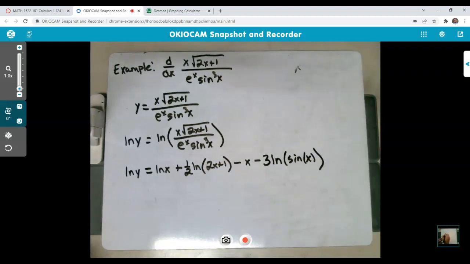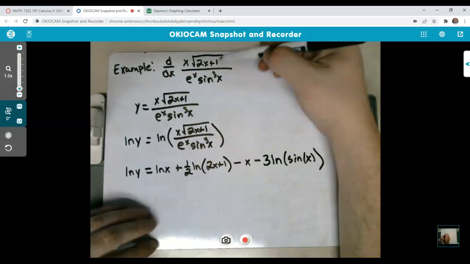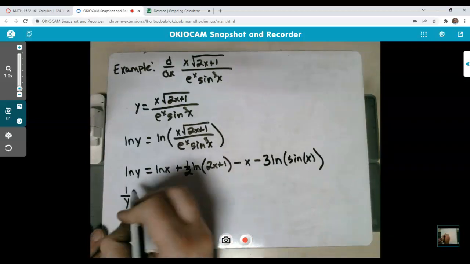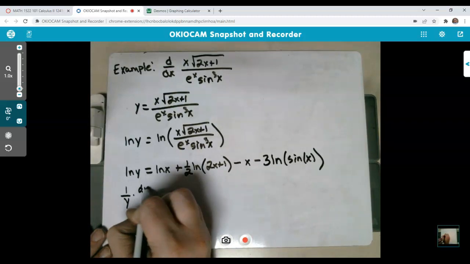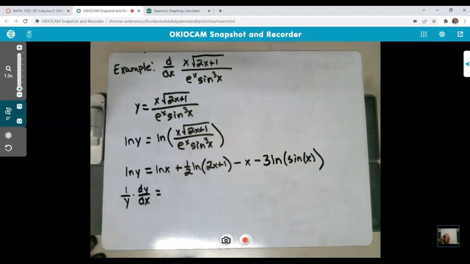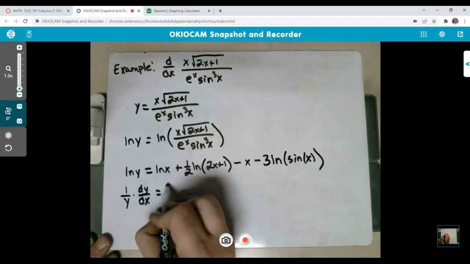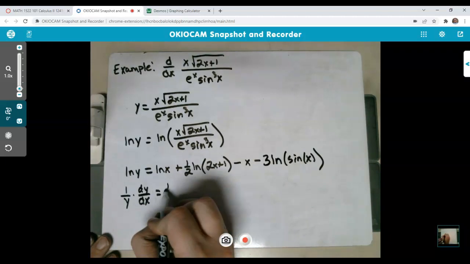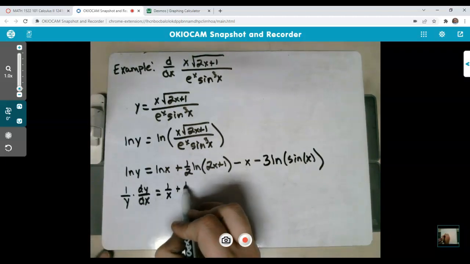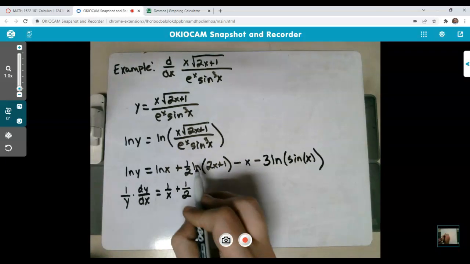So now I can take the derivative of this instead of this monstrous thing here. Okay, so the natural log of y becomes 1 over y, but because it's a y, we have to multiply it by dy/dx equals the derivative of ln of x is 1 over x plus 1/2, and then ln becomes 1 over that stuff, so 1 over 2x plus 1 times the derivative of that stuff.